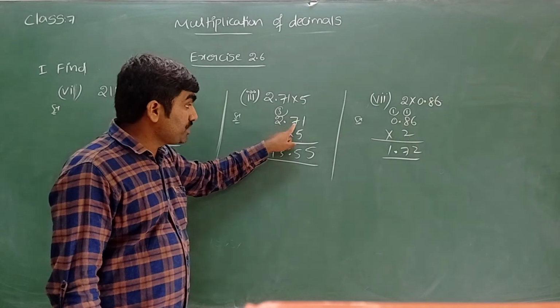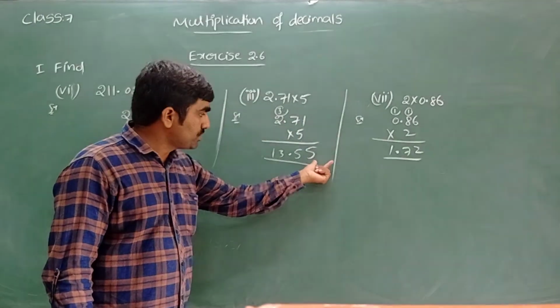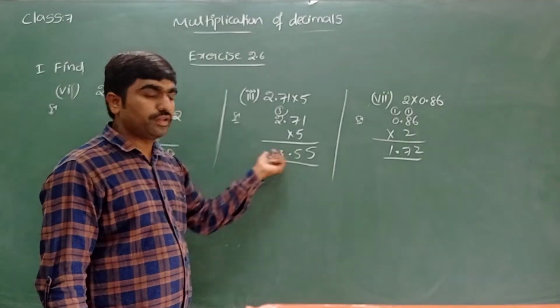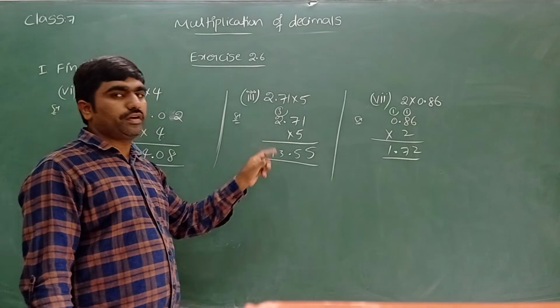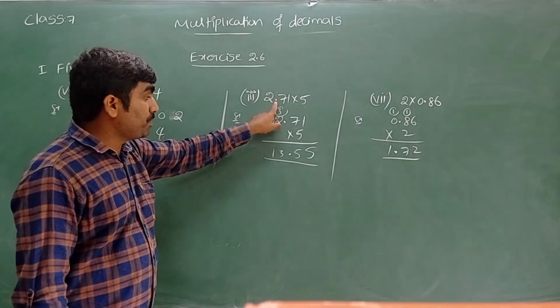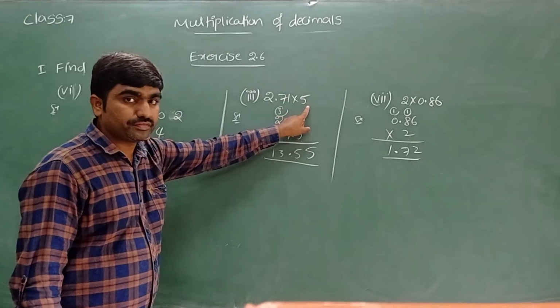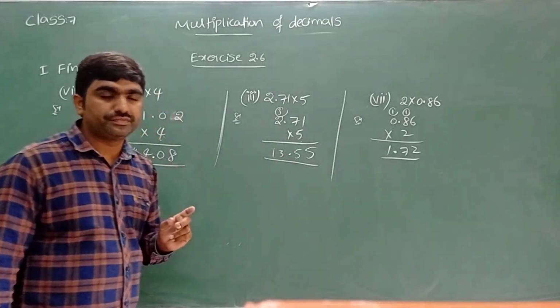If you see point after 2 digits, make sure that from back onwards 2 digits before keep the decimal point. If suppose point after 3 digits, 3 digits before you can keep the decimal point. Here the important concept is sum of decimal places in the given numbers equals decimal places in the product.